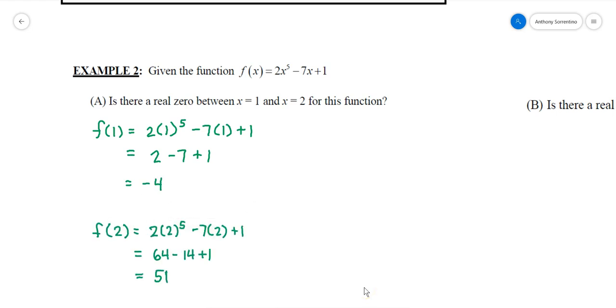So I calculated these two values out. And what I see here is at f of 1 I was at -4, at f of 2 I was at positive 51. There's a sign change.